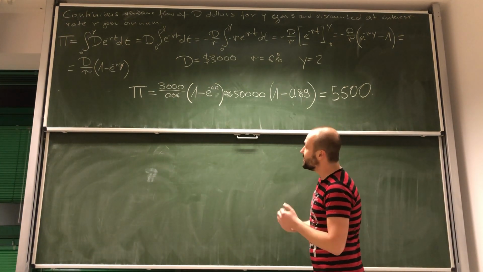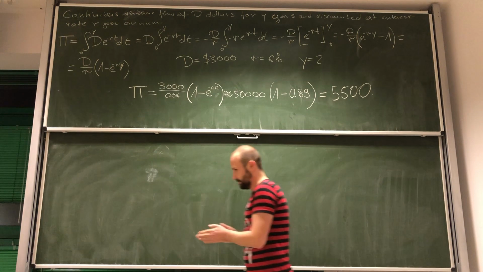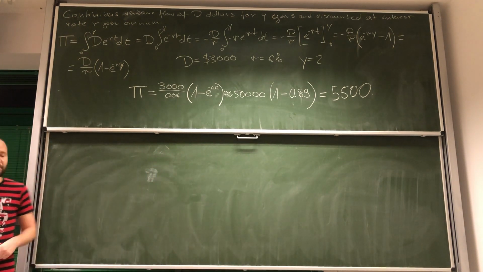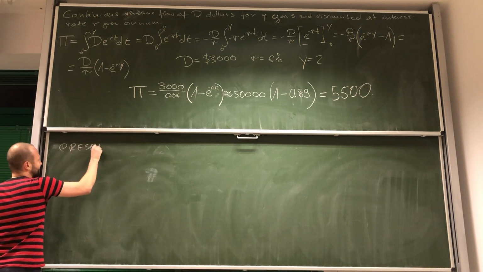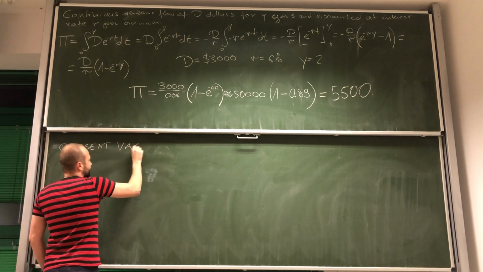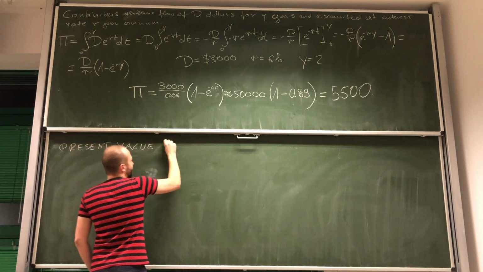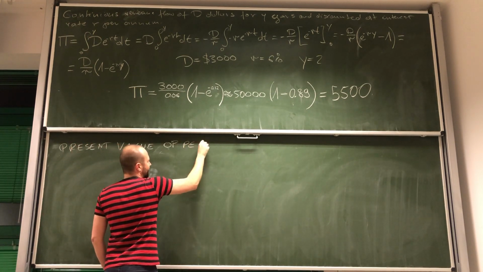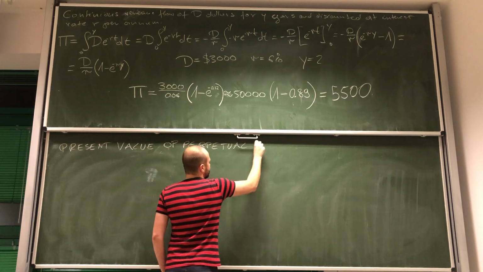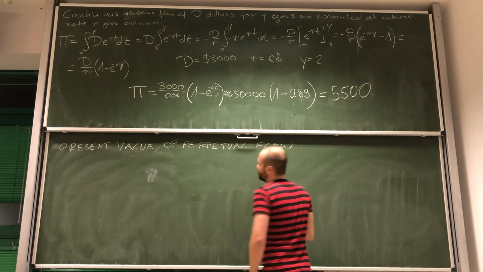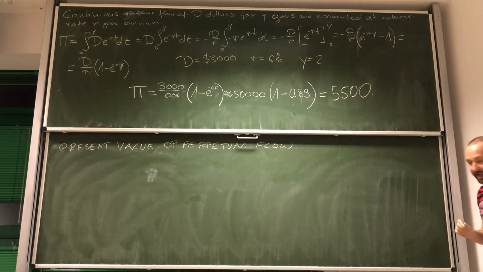So, this is a type of the situation that we call present value of perpetual flow. Now, how can we calculate? Look, actually, we've done most of the calculations over here already.